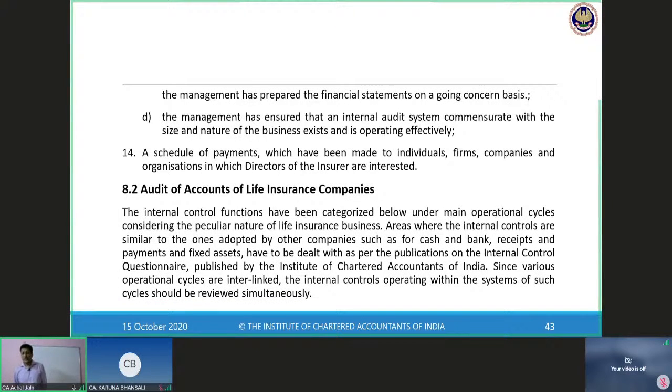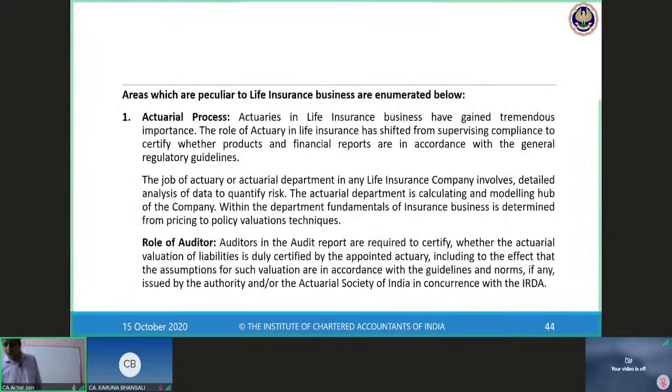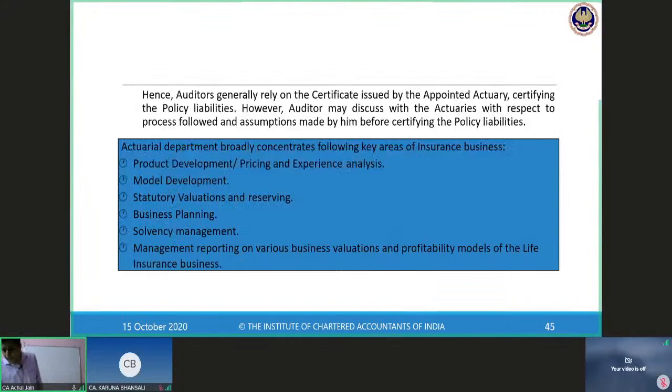Since various operational cycles are interlinked, internal controls operating within the systems of such cycles should be reviewed simultaneously. So let's understand what are those peculiar processes. One is the actuarial process. As I've been telling you, I'll come to this later.